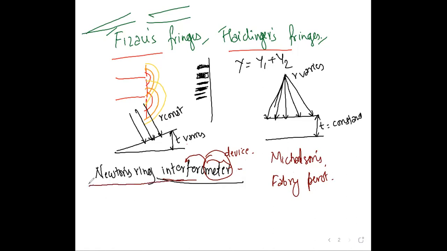That's why we call it a Newton's ring interferometer. This device is used to measure the refractive index of any medium. It may be liquid. It may be a gaseous medium. And then you can use this to find out the radius of curvature.